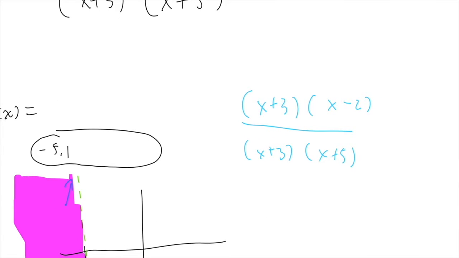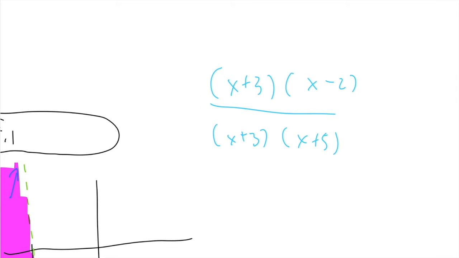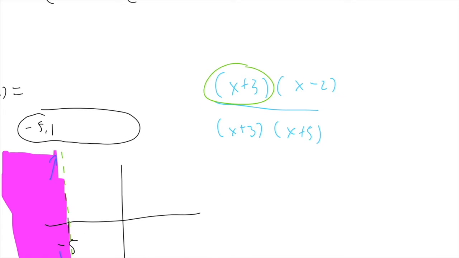Negative 5.1 plus 3. I don't want the answer, I just want the sign of what it's going to be. So let's just try and get the signs of all these. Negative 5.1 plus 3 is going to be negative because negative 5.1 has a larger magnitude than 3.